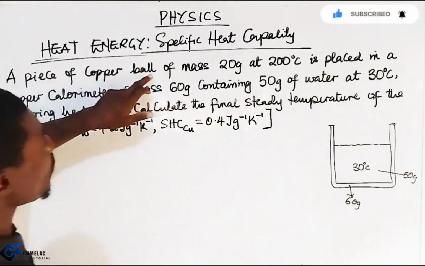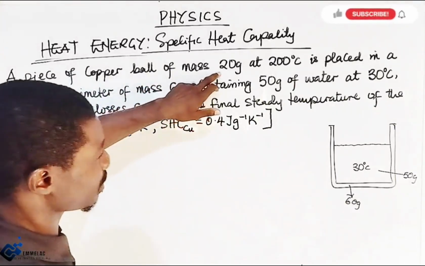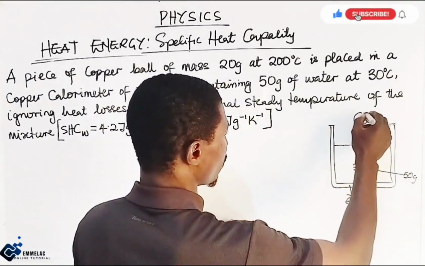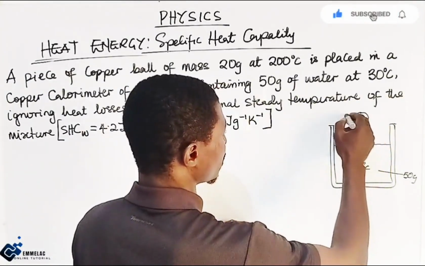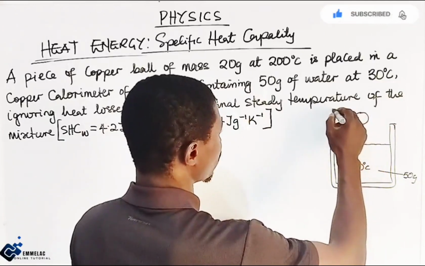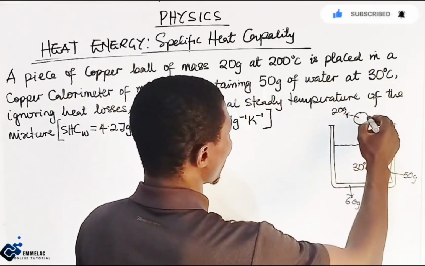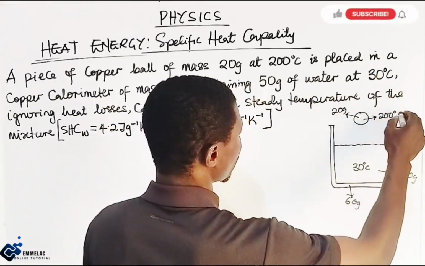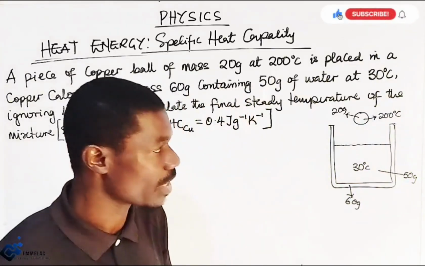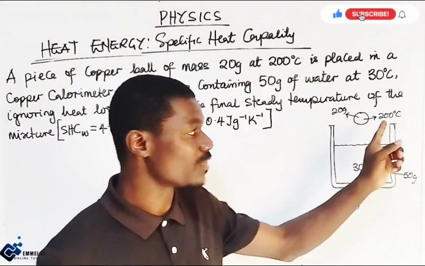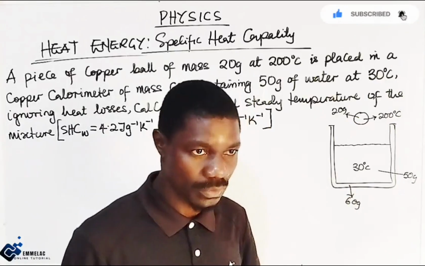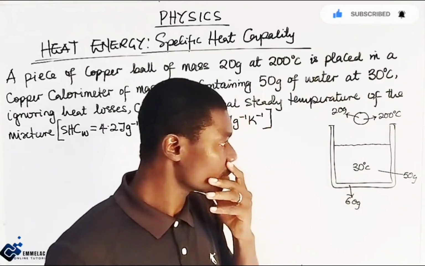Now a piece of copper ball of mass, this is the copper ball, let's say this is mass 20 gram, and the temperature is 200 degrees Celsius. You can see that this one is very hot, and this one is just at room temperature.